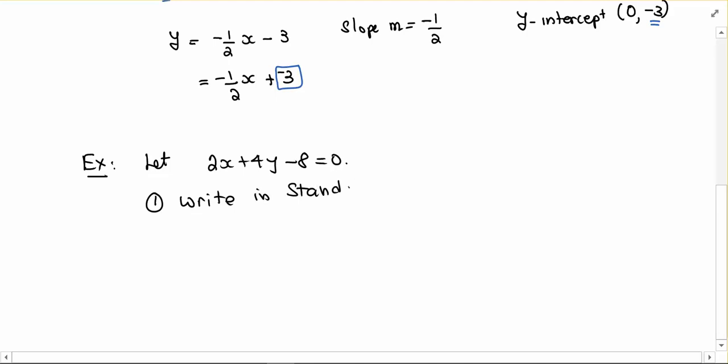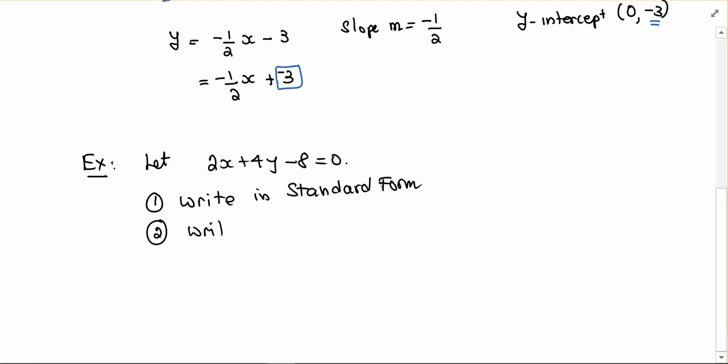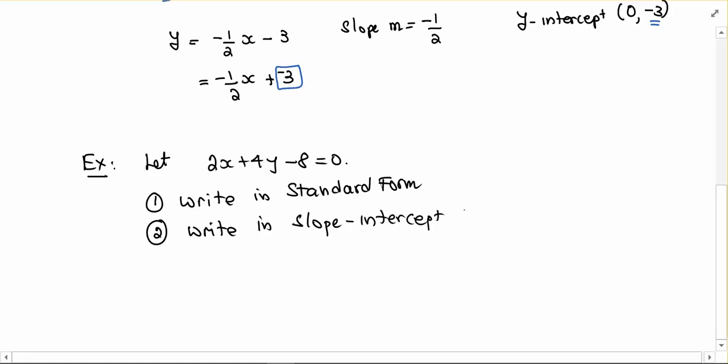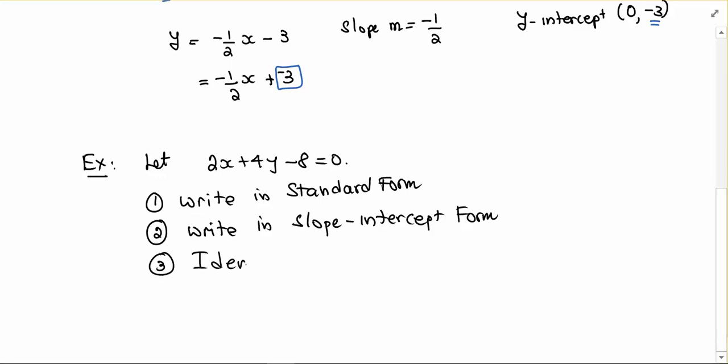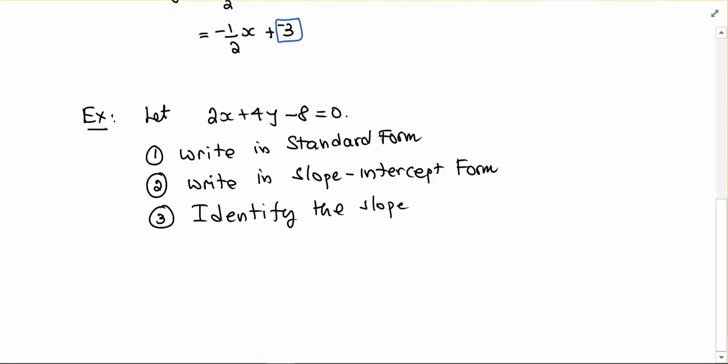Just to review that. 2. Write in slope-intercept form. 3. Identify the slope and y-intercept.